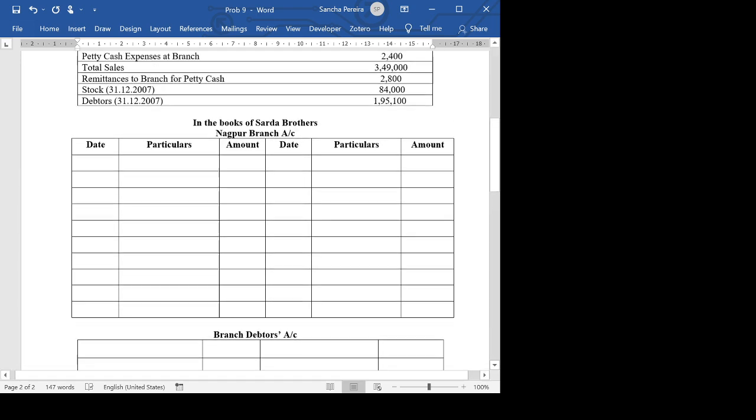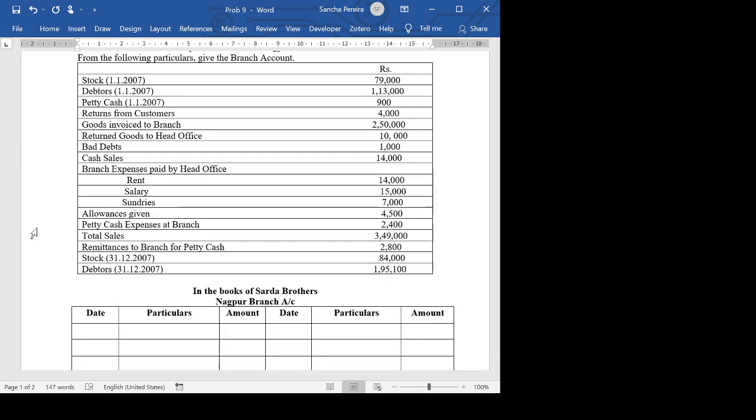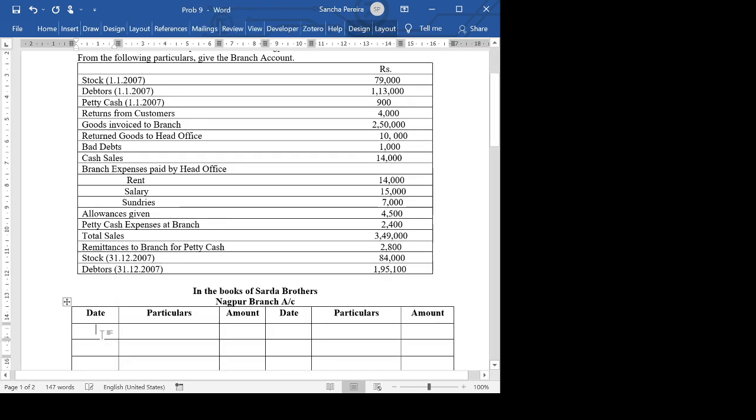Okay, so let's start solving. We have the opening balances on 1st January 2007, to balance brought down. First thing we have is stock, 79,000.